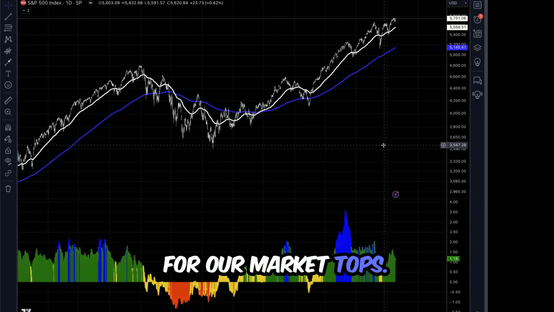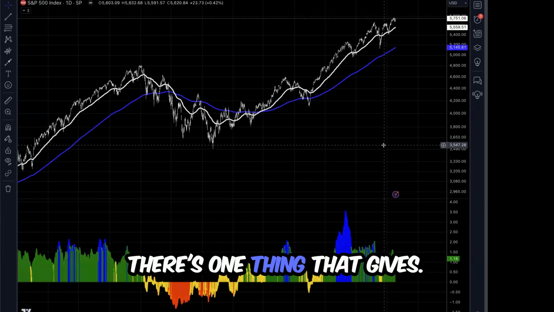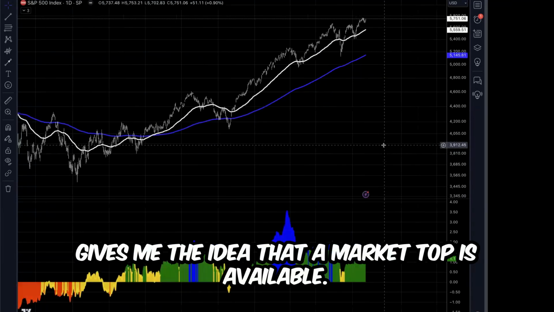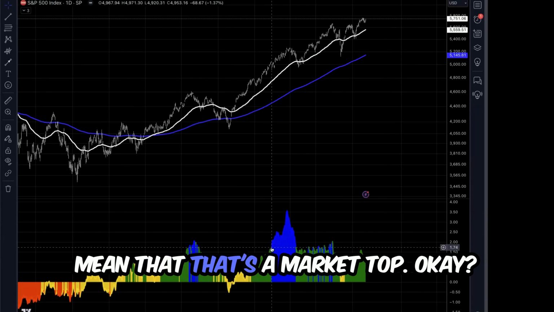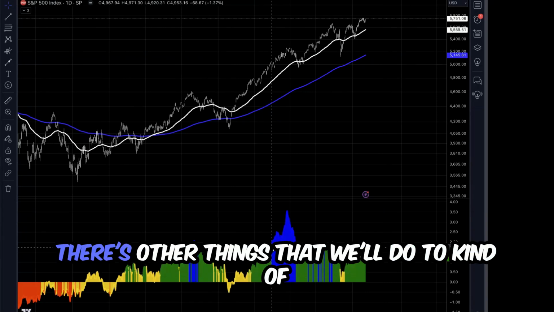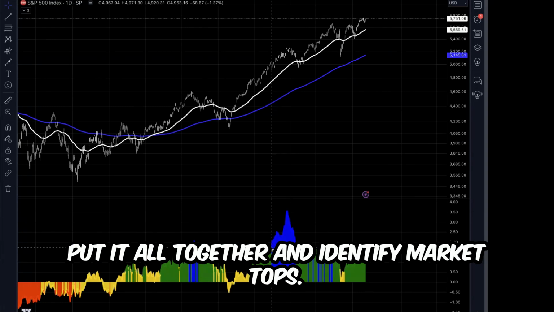For our market tops, there's one thing that gives me the idea that a market top is available. Just because it actually prints blue doesn't mean that's a market top, okay? There's other things that we'll do to put it all together and identify market tops.